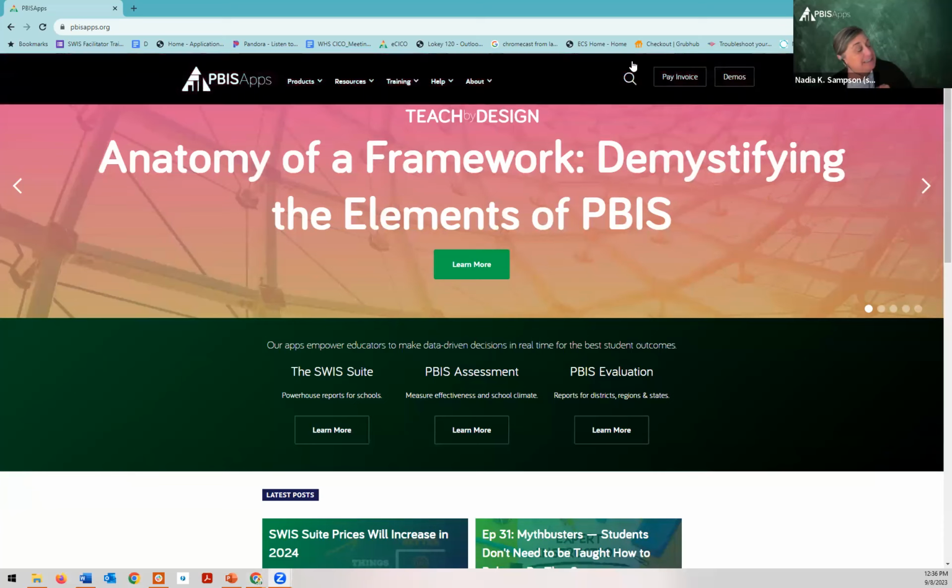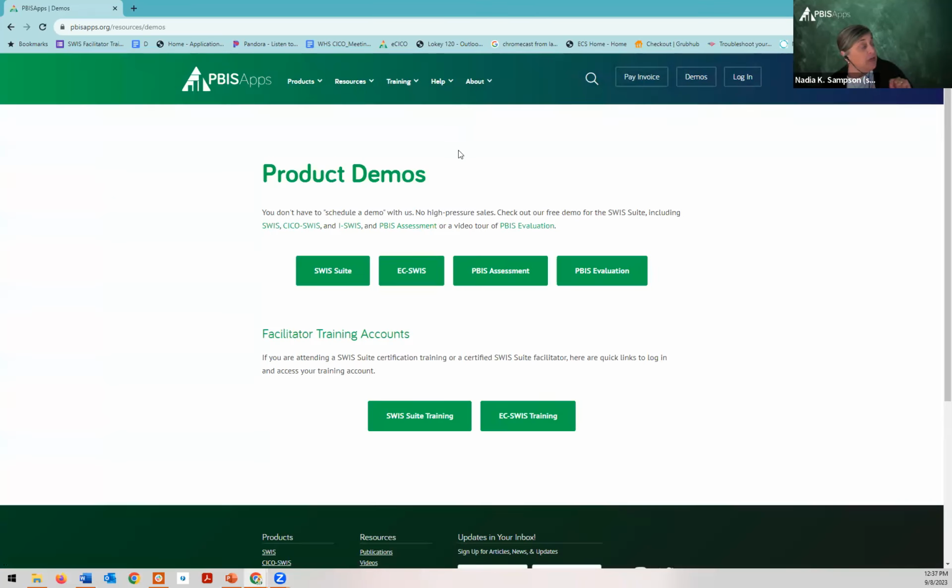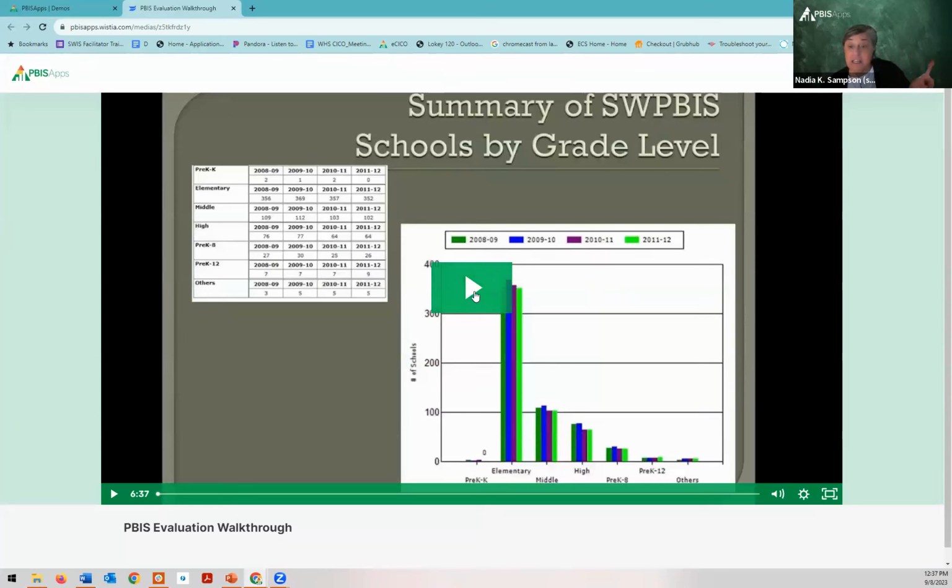All right. So for demos, you can click here on demos. And when I do that, I can look at the SWIS suite of applications. There's also an early childhood SWIS, which is very similar to our SWIS, except it has labels that are more relevant to early childhood settings. And then you can look at the demo for PBIS assessment, and there's actually a video right here for PBIS eval.